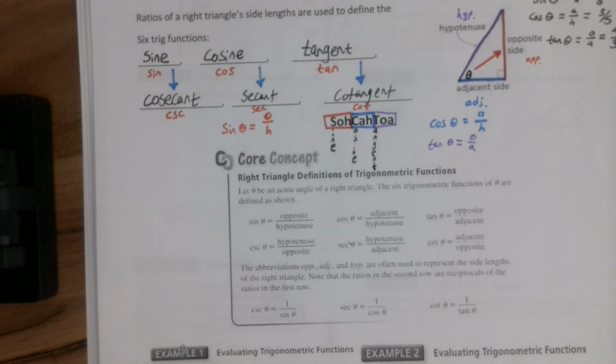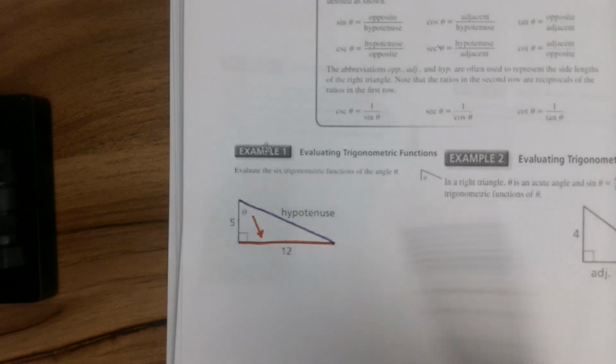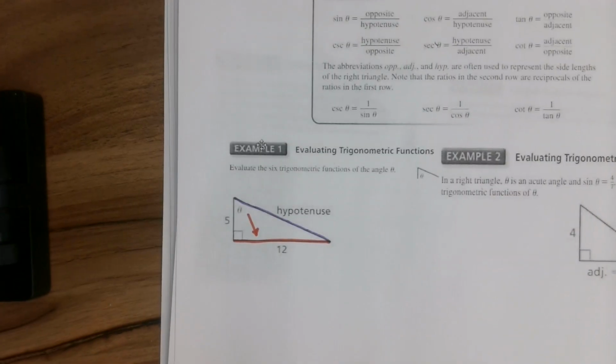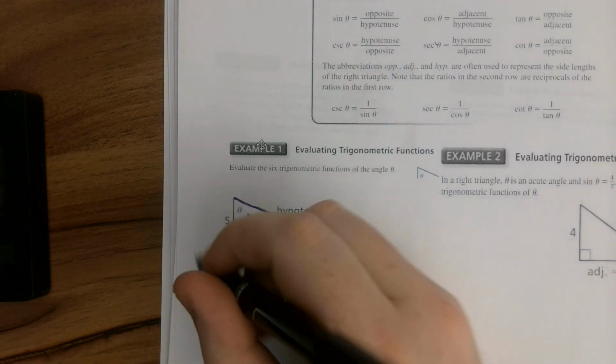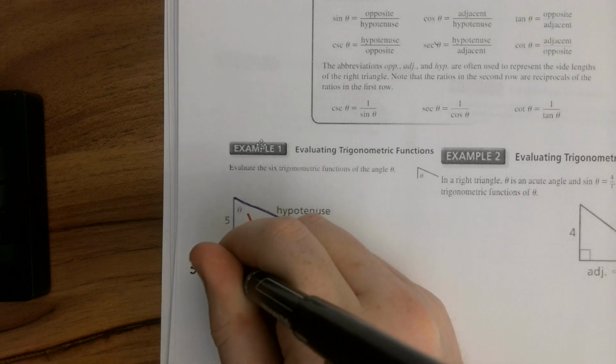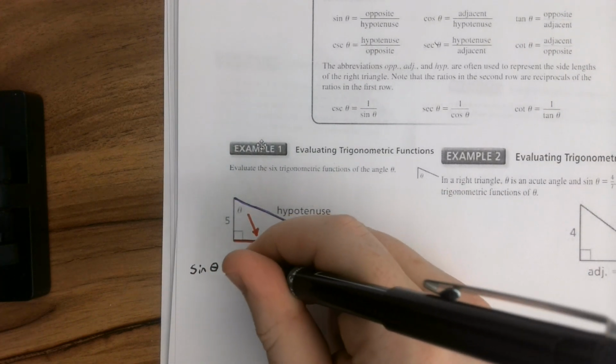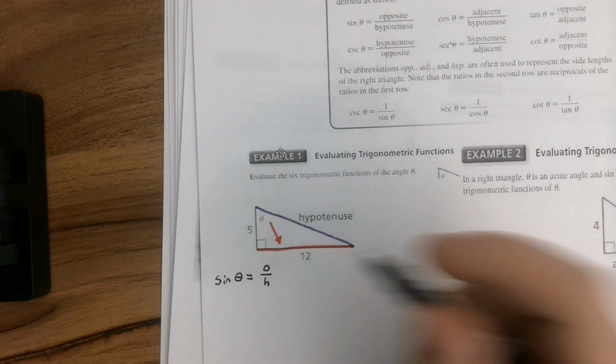Before we go into this, there is one more trick that we should know. And it deals with this first example here. In this first example before, we started off by saying, oh, well, the sine of theta is just going to be, according to SOHCAHTOA, opposite over hypotenuse.